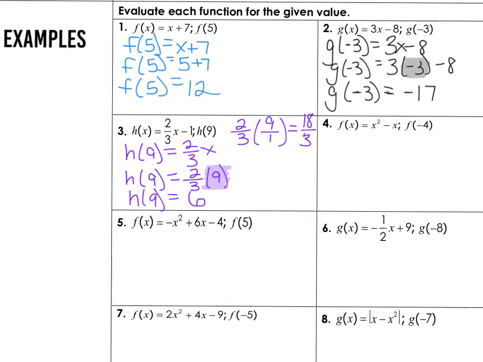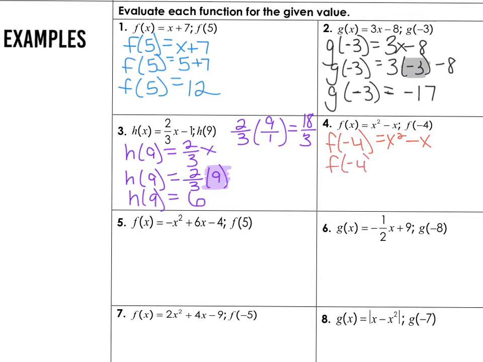Now, moving along to number 4, it says f of x equals x squared minus x, and they want us to find f of negative 4. Now, notice that in my equation, I have 2 x's this time. That is okay. It just means that I'm plugging in the negative 4 twice. So I have f of negative 4 equals x squared minus x. Now I'm going to plug in my negative 4 for both of those x's.